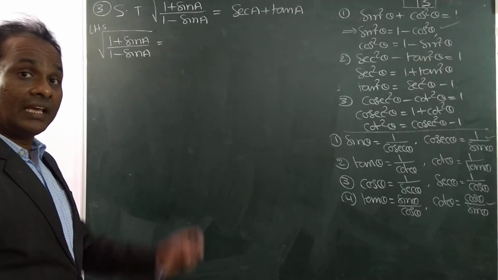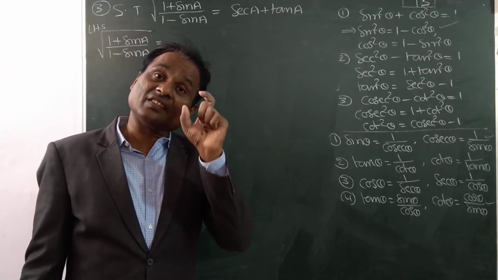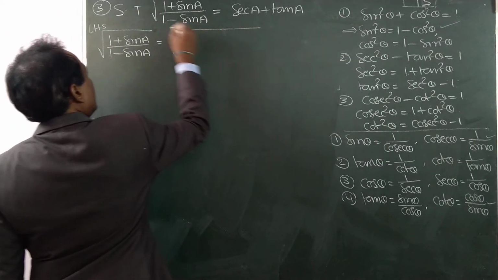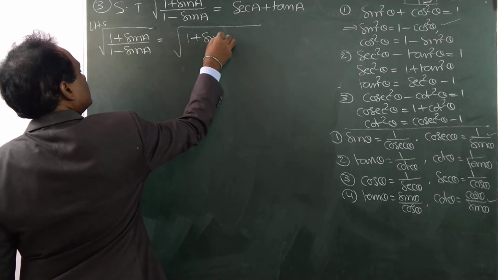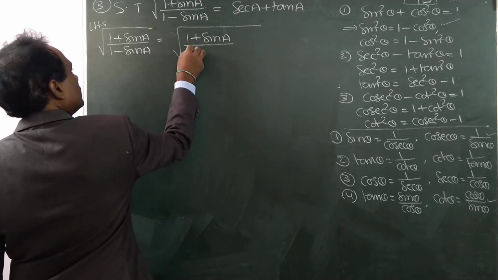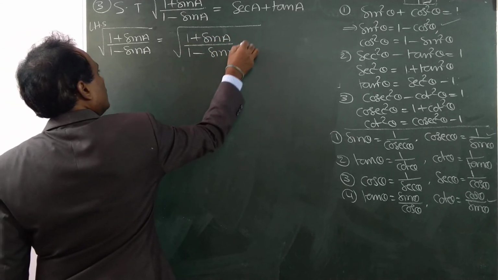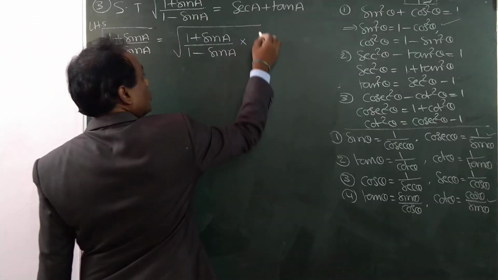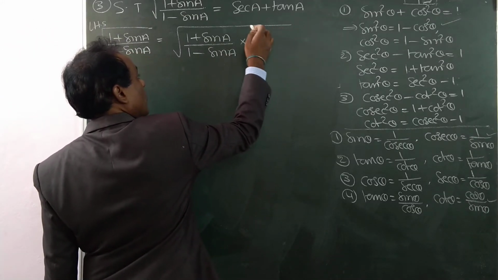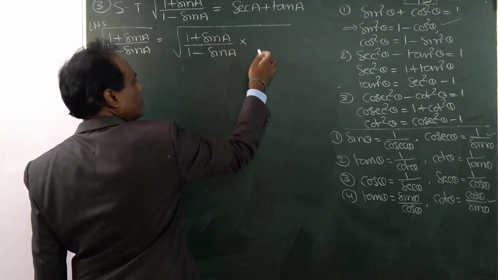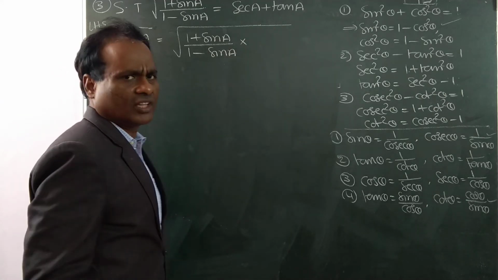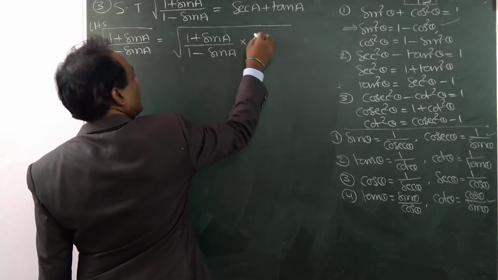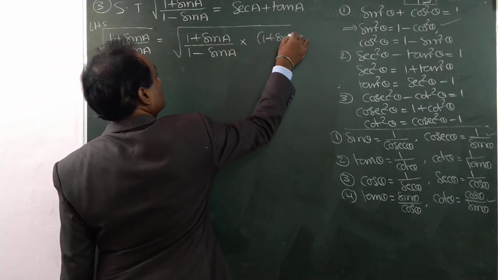There is one technique that you have to remember. I am multiplying the numerator and denominator with one term. If you multiply the numerator and denominator by the same number, there is no change in the value. So I am multiplying the numerator and denominator with the numerator.